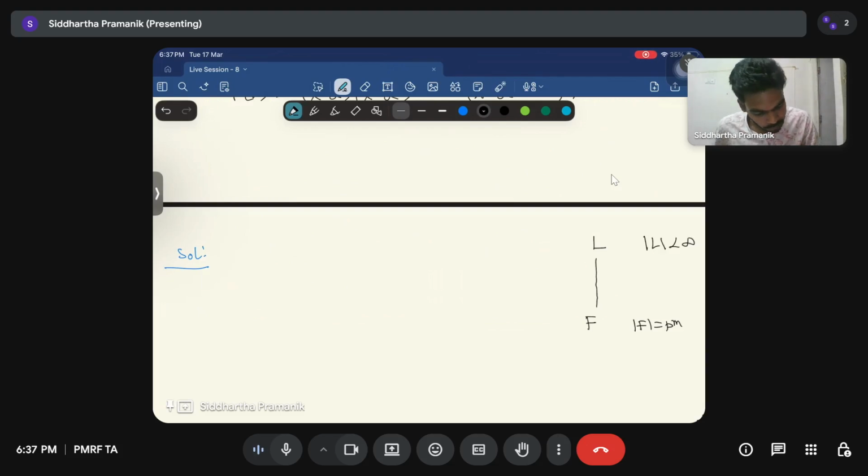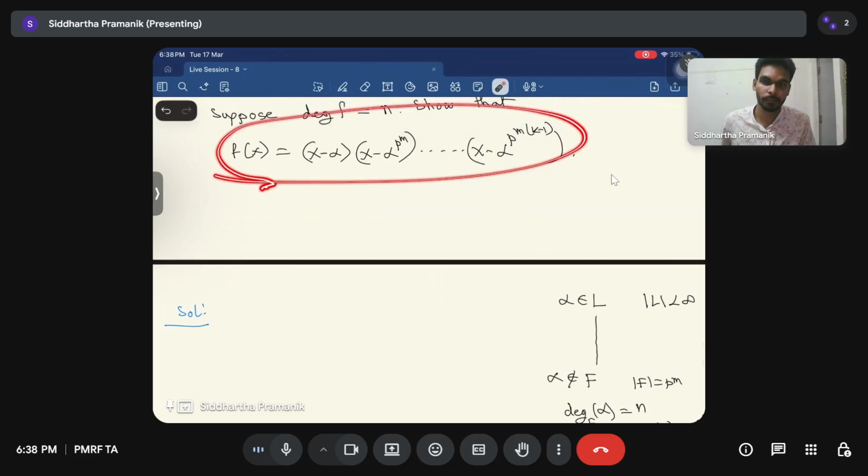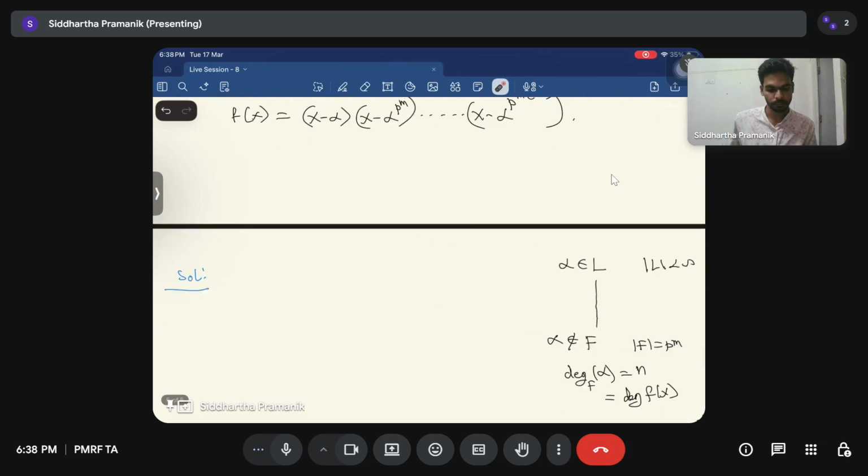But we are taking alpha belongs to L, but alpha is not in F, such that the degree of alpha over F is n, which is the same as the degree of the irreducible polynomial of alpha over F. And we need to find the specific form of this irreducible polynomial of alpha. So that is our task.